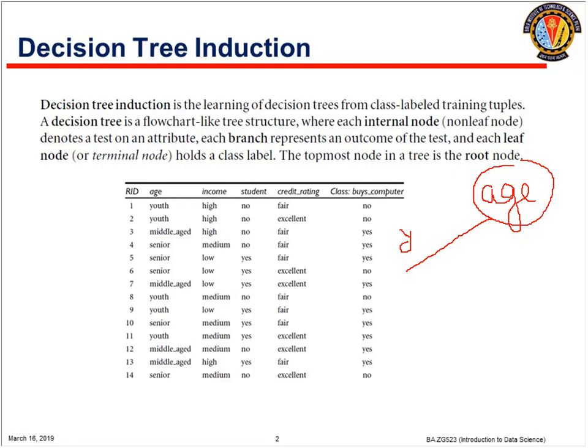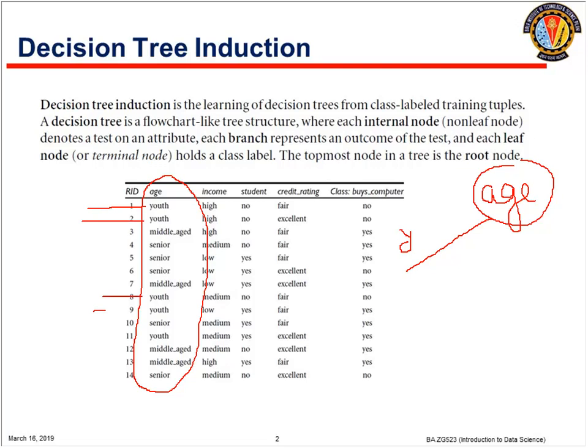You have already made a decision based upon age, and you're looking at that split in which the examples have age equal to youth. Which are the examples of youth? That is first, second, 8th, 9th, 11th. So these are the 5 examples where the age was equal to youth.